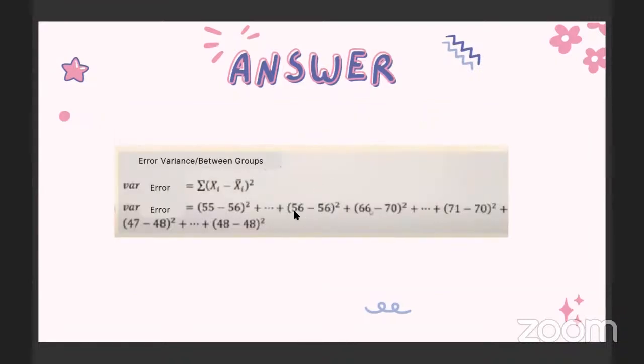And the last one is error variance, or within groups. Variance error is 55 minus 56 squared plus and so on, plus 56 minus 56 squared plus 66 minus 70 squared plus and so on, plus 71 minus 70 squared plus 46 minus 48 squared plus 48 minus 48 squared.